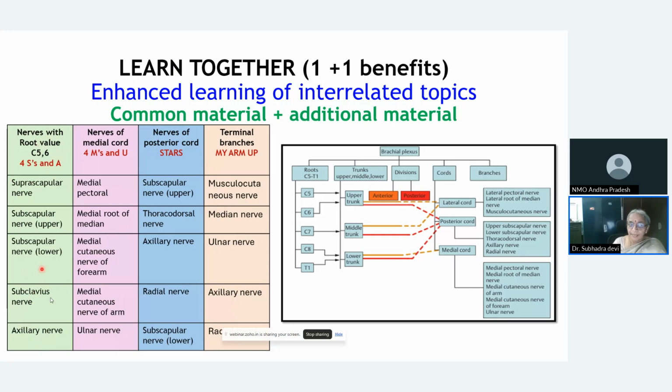So it will be helpful for answering an MCQ or a clinically oriented question, and for the remembering the nerves of medial cord, posterior cord, and the terminal branches also. So there's a 5 terminal branches: musculocutaneous, median, ulnar, radial, and axillary nerves. So that you should remember them.